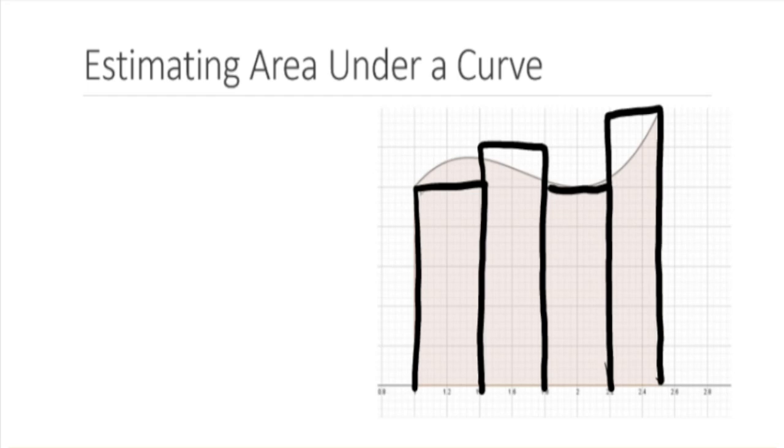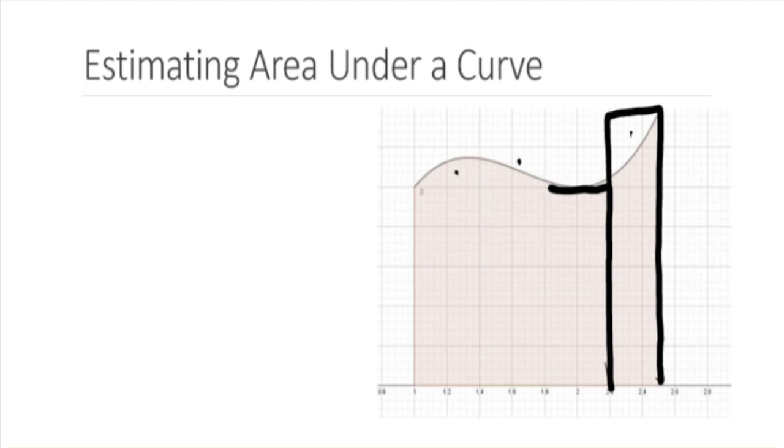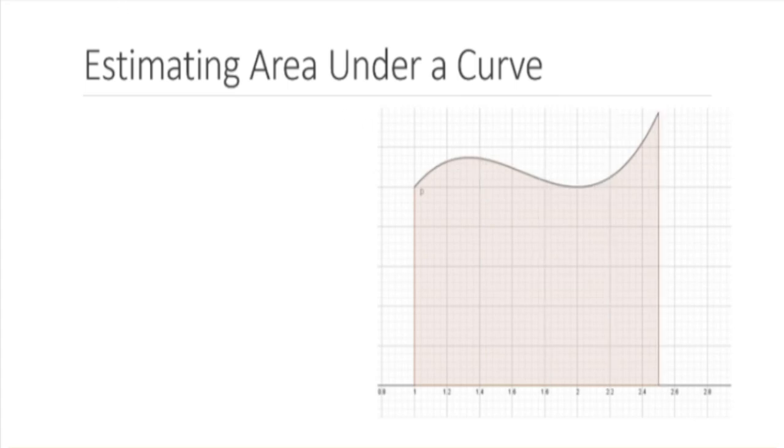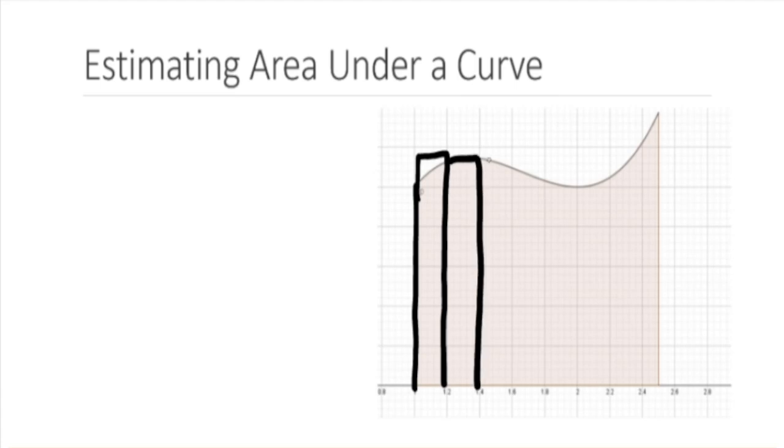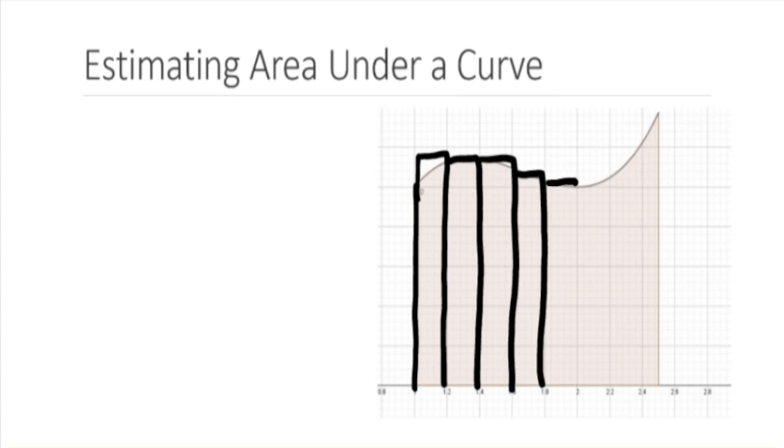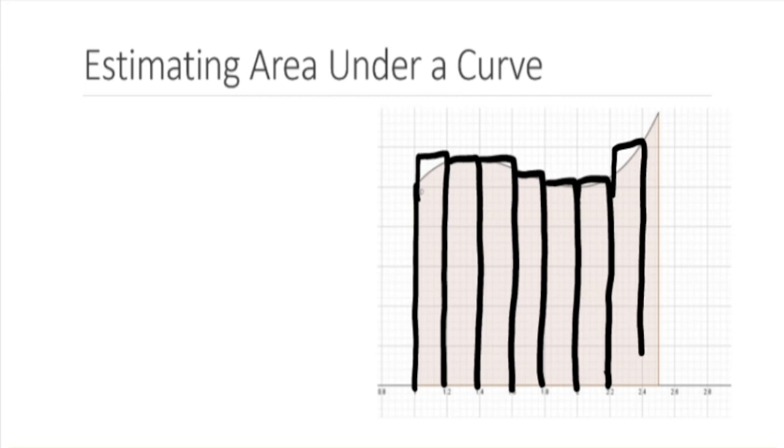But as you can see, dito kulang, dito sobra, dito medyo okay na, pero dito kulang pa rin. Now, we can continue doing this process over and over again. So the more rectangles we use, the better approximation we will be getting. So that's actually the idea of how we will estimate this.